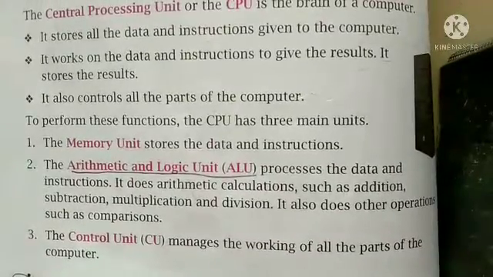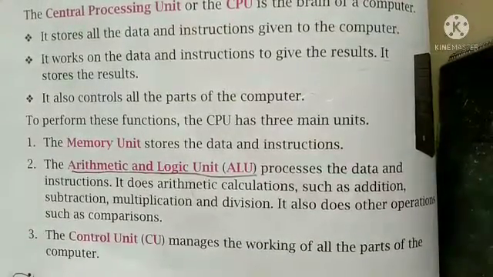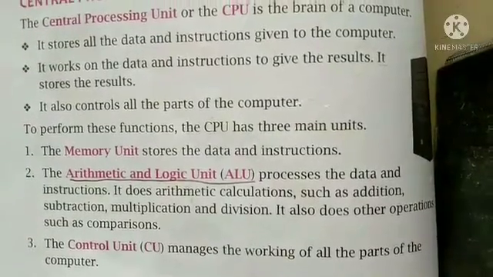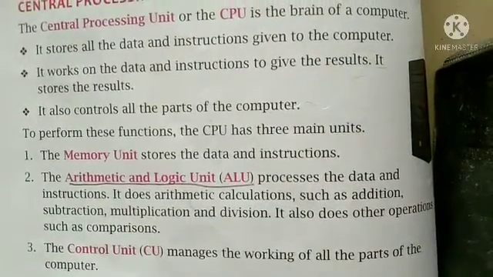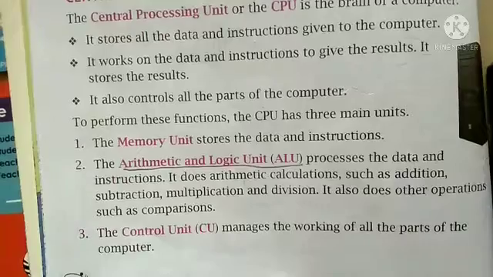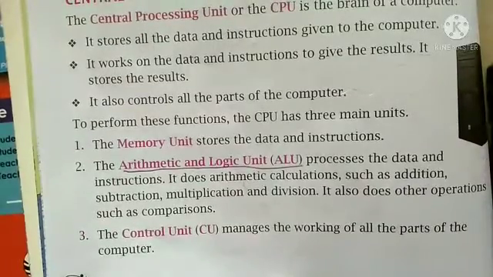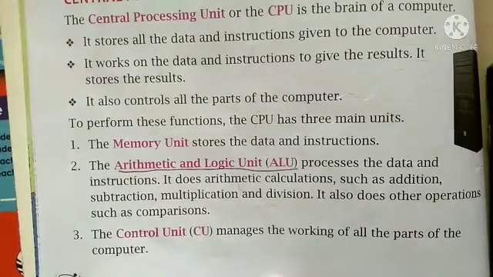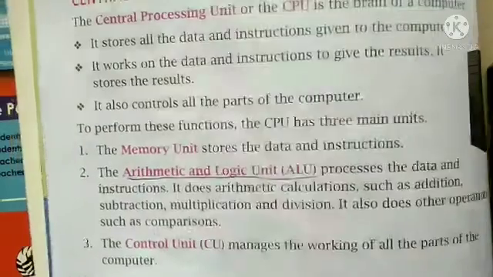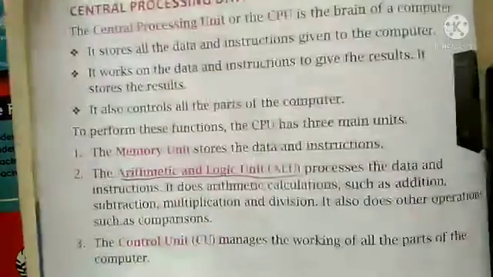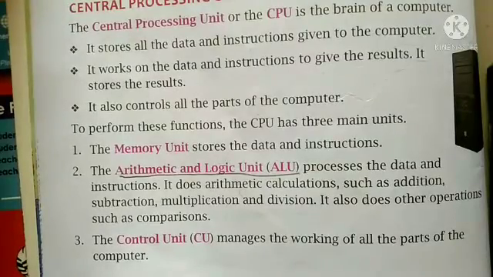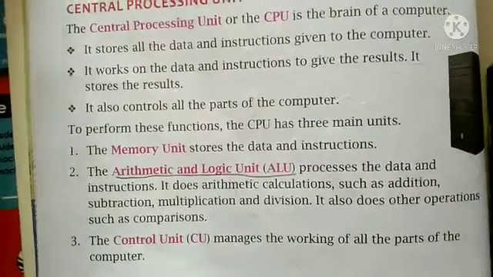Then the next unit is ALU, that is arithmetic and logic unit. The data and instructions that we gave will be processed by the ALU. It will perform calculations like addition, subtraction, multiplication and division, and along with this it will perform operations such as comparisons.